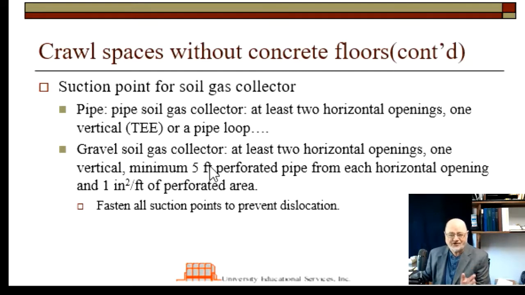So that's another T. And a minimum of 5 feet of perforated pipe from each side. Remember the difference between the gravel soil gas collector and the pipe soil gas collector. The big difference is that in the pipe soil gas collector, you have to dig a trench and put gravel in it. Okay?